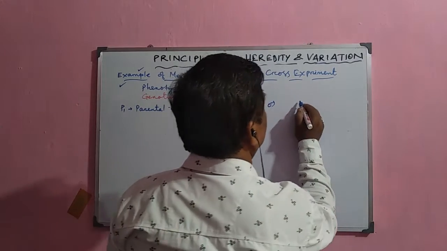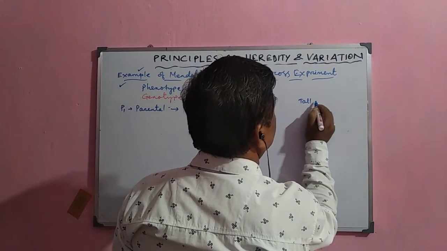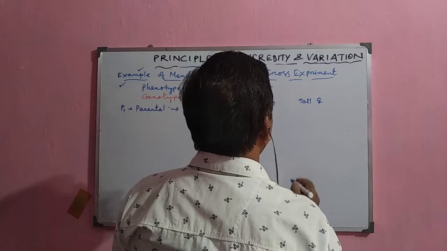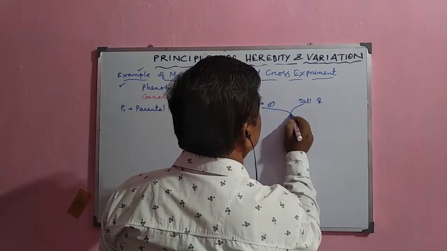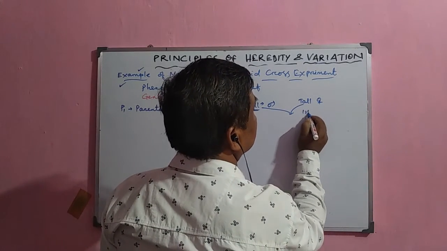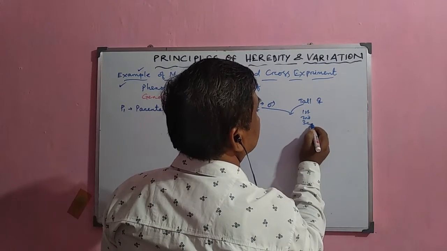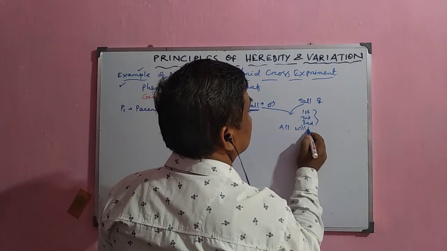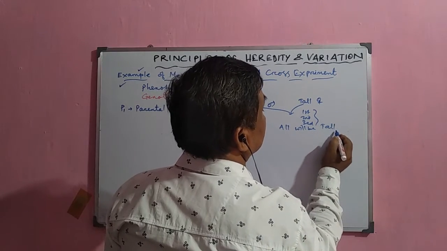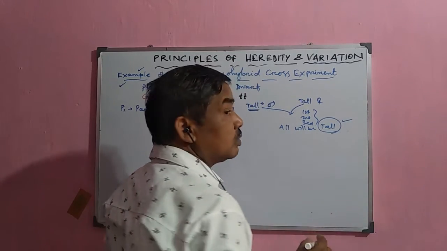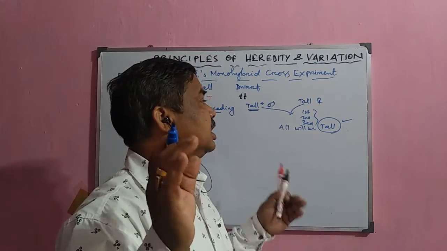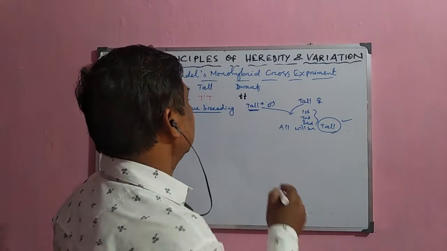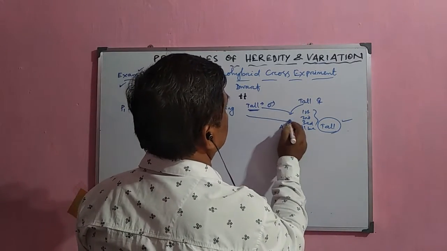another tall plant having the female part, and when he crossed them for first generation, second generation, third generation, then all will be the tall one. So if after 2-3 generations we are getting tall plants, that means they are the pure breeding varieties.